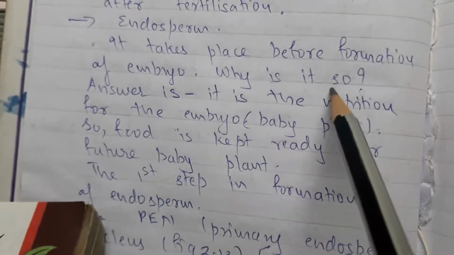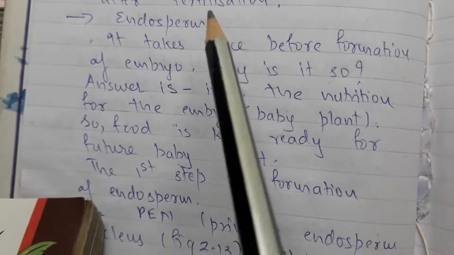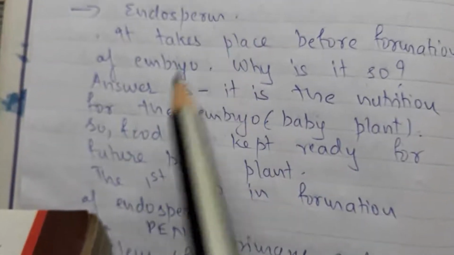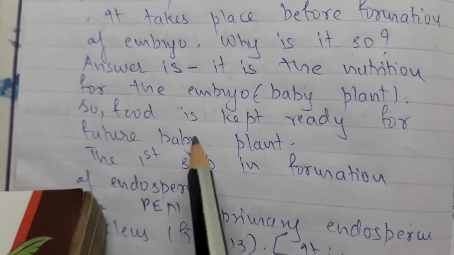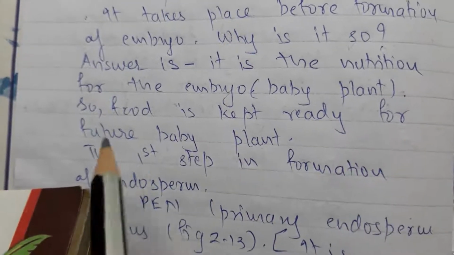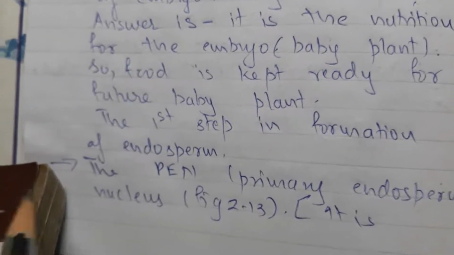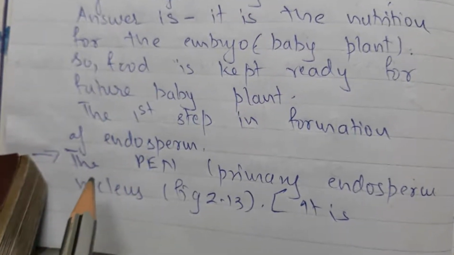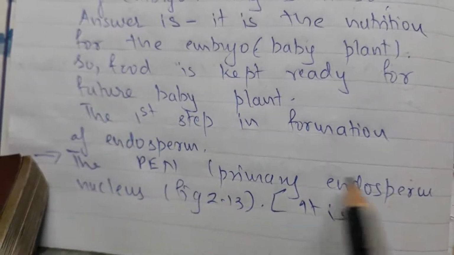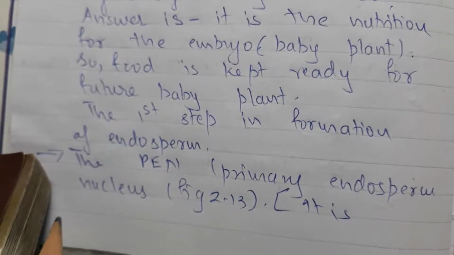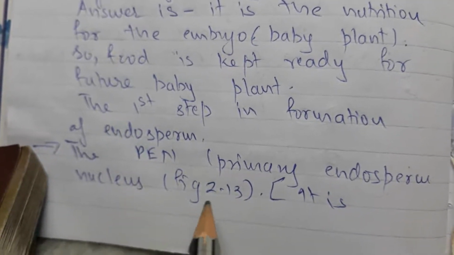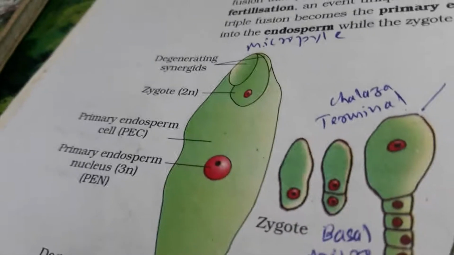Why does the development of endosperm take place first? So food is kept ready for the future baby plant. The first step in formation of the endosperm is the primary endosperm nucleus, figure 2.13. Here, this one.